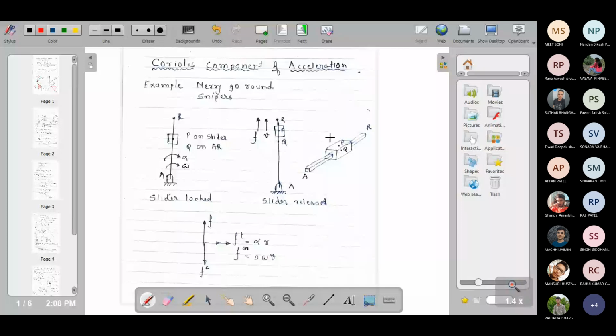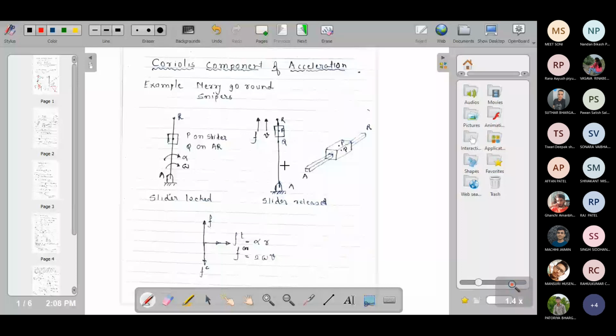Are you able to visualize the things? On the right hand side I have shown one pair, a sliding pair. Here, look at the slider. I have taken one point P on the slider, but Q is on the link AR. P is moving, but Q is on link AR.